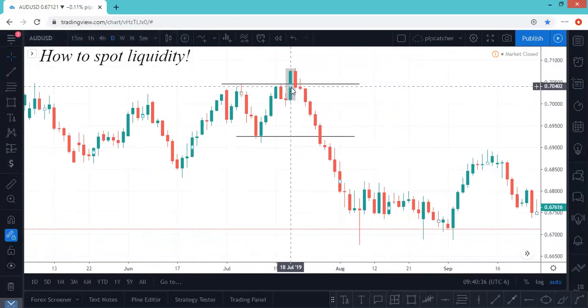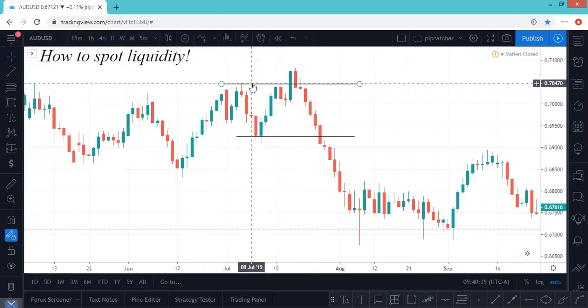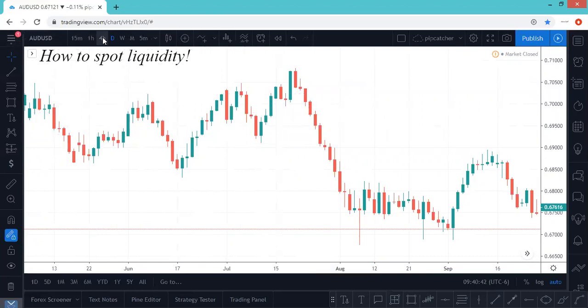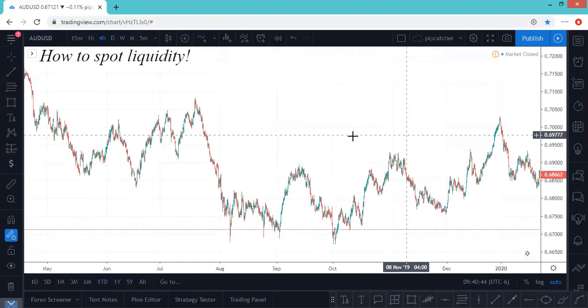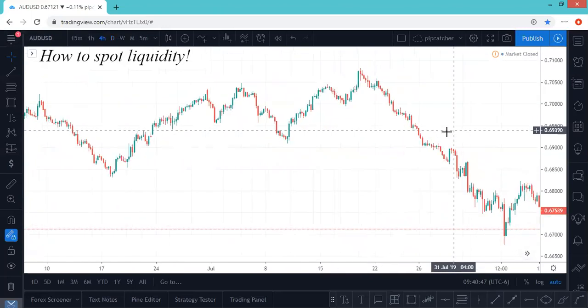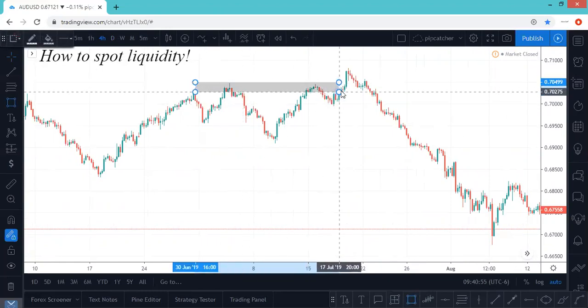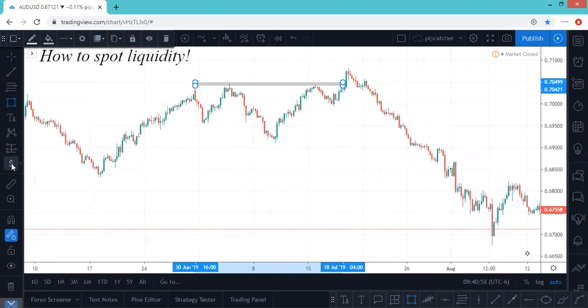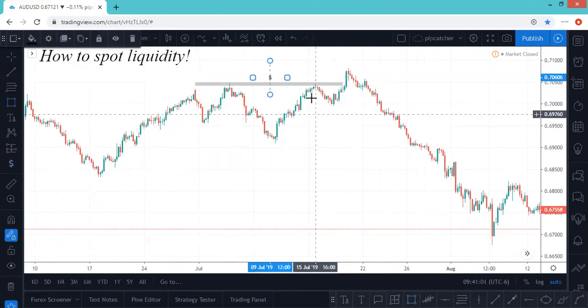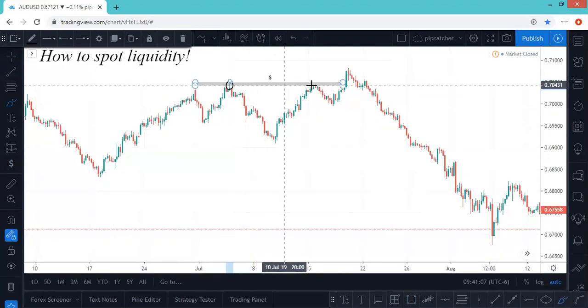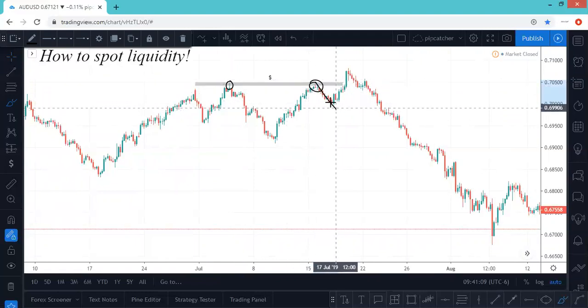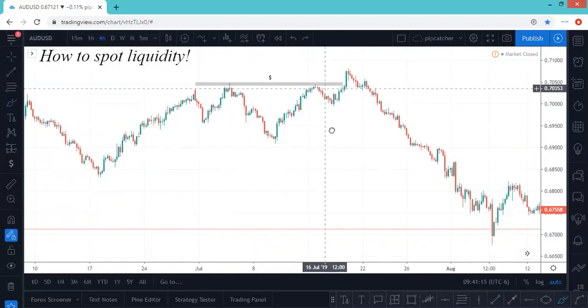Going into more detail, if we go down to the 4 hour, we can see where this candle had taken liquidity. There are equal highs right here, so this is where the mass of retail could have been selling on the second leg of this M, this double top.